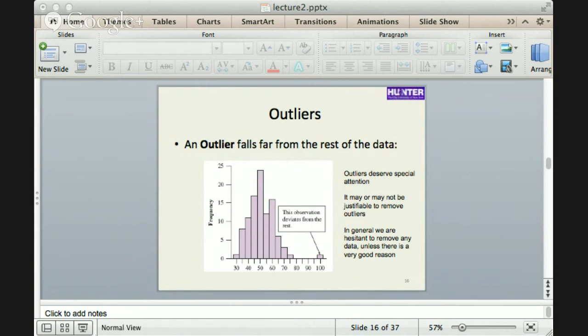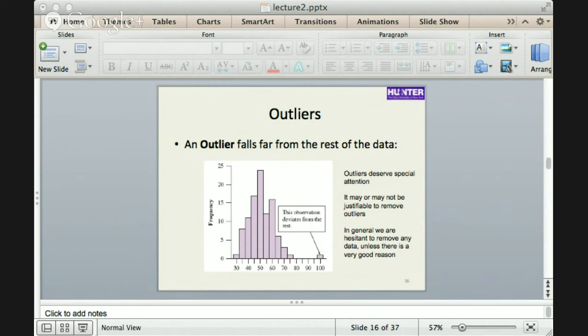For a variable x, x bar is the mean and xi are the individual observations. We subtract the mean from every one of them, square it, and sum these up. For a population, if these were all of the observations, we would divide by n. For a sample, we divide by n minus 1. That's just a quirk to make this an unbiased estimate of the population variance.